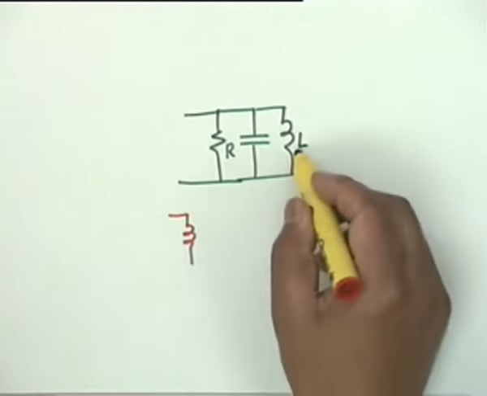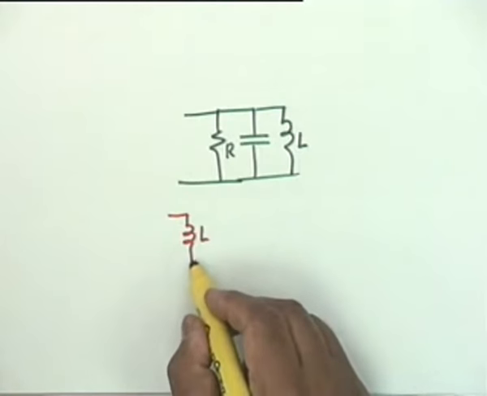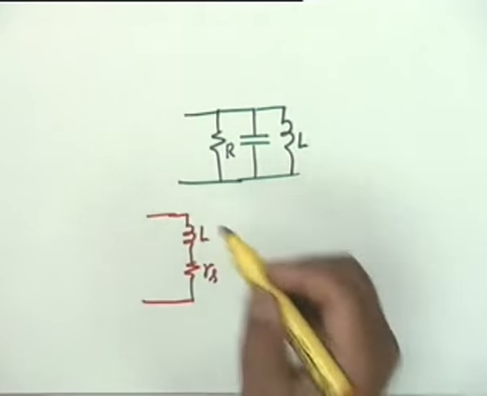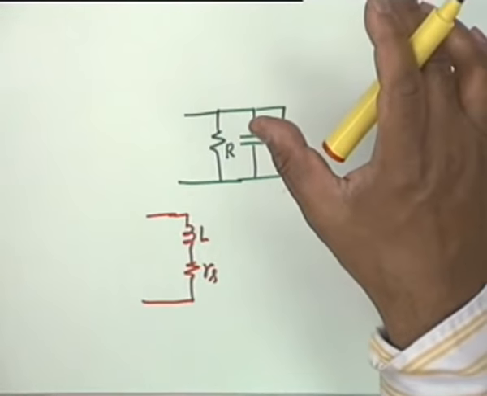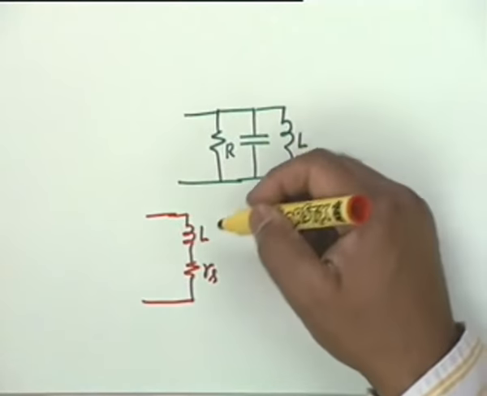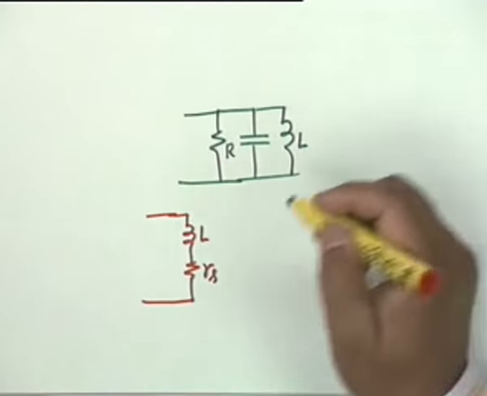So this inductance is not a pure inductance, it comes in series with a resistance, let us call it RS, which causes the resonance frequency to change, the maximum gain to change, and everything else. Also in the analysis, you have to put j omega L plus RS instead of j omega L.